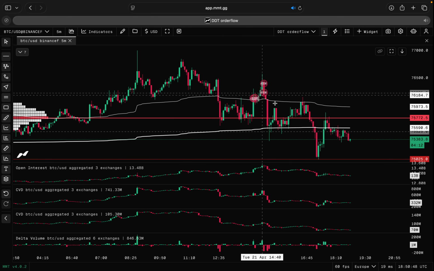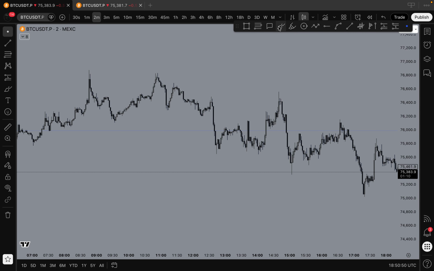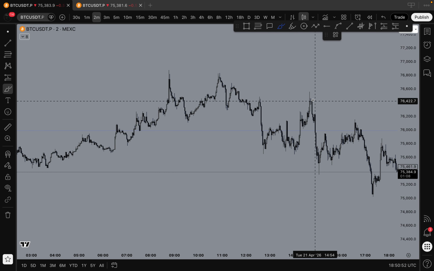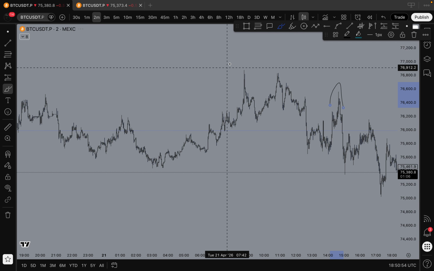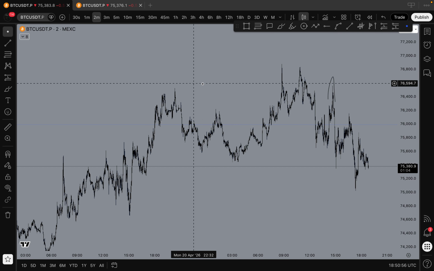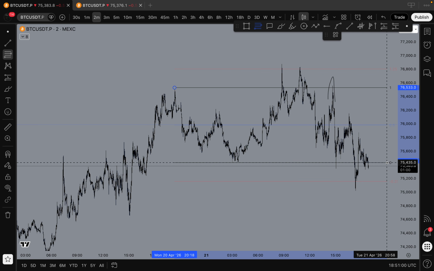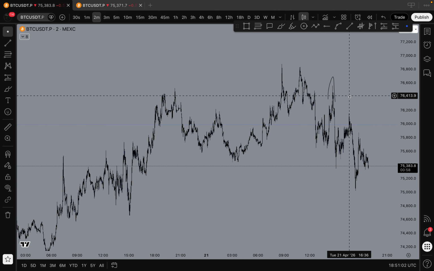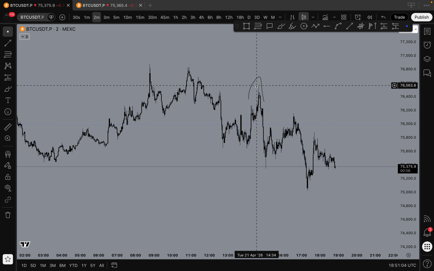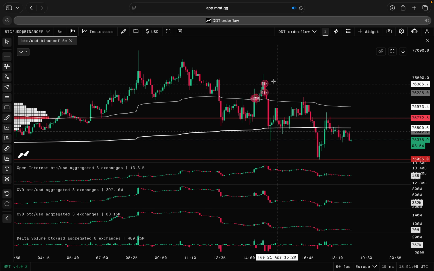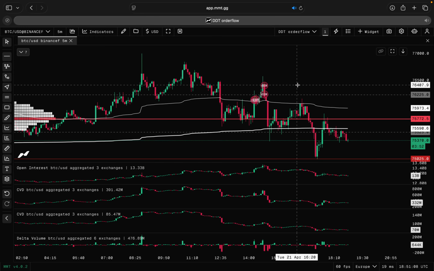So this is likely just a market maker willing to push price down because he was likely in that model 2 distribution. And his target was not yet hit, so once price came back into it or bounced, he probably slammed market down again.